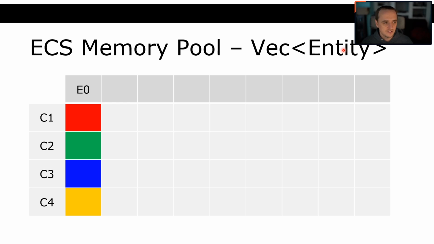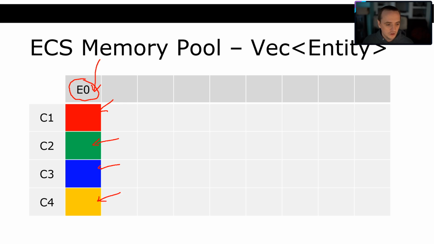And so inside the entity, the data for the components, like the data for that entire entity is contiguous. So here, what we see is an example of that, where an entity is going to be a column in this table, okay? So one entity, for example, this first entity, entity 0, here's the first component, right here. Here's the second component, here's the third component, and here's the fourth component.